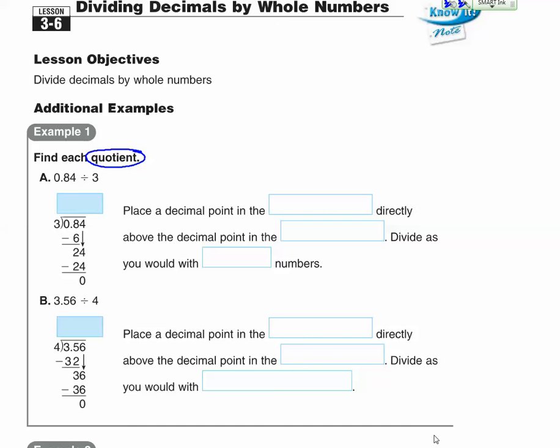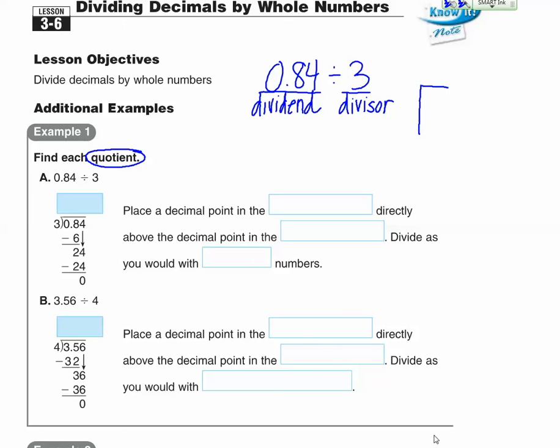Now Panthers, before we get started here, I want to remind you, we talked a little bit about this a couple weeks ago, but this first number is called your dividend. Go ahead and write that down and label it. And the second number is called the divisor. And one thing I see a lot of Panthers doing is not setting up their long division problem correctly.